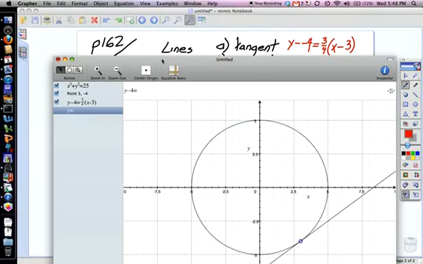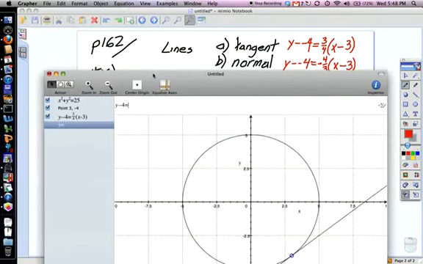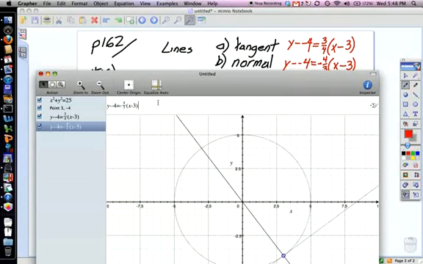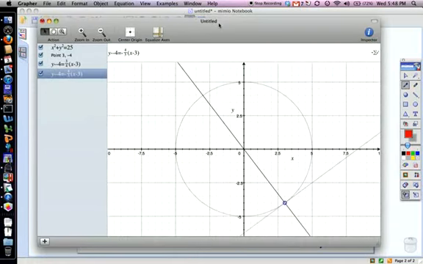Not our tangent line, our normal line. y minus negative 4 equals negative 4/3 times the quantity x minus 3. And there's our normal line. Tangent line, normal line, they couldn't look more perpendicular. They go through the right point. Everything's all happy.